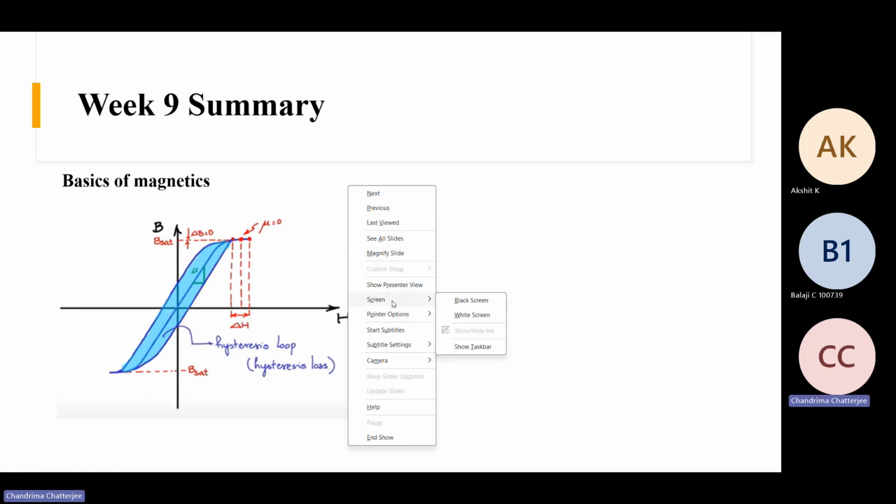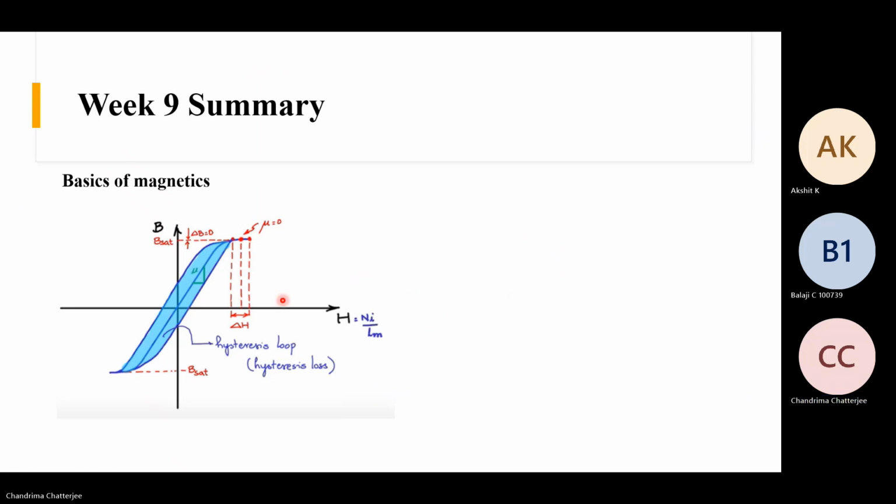Another important point is, suppose you started magnetizing the core like this. You have some current, some magnetomotive force, mmf, so the core starts magnetizing. It starts from 0 here and goes on increasing and reaches here.